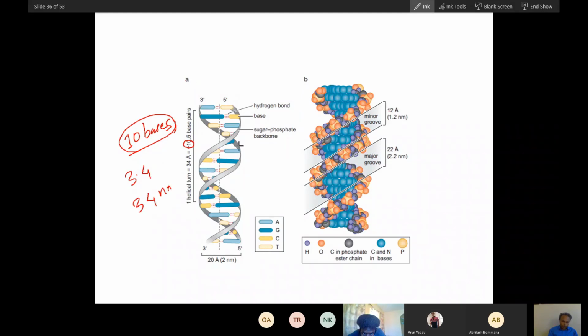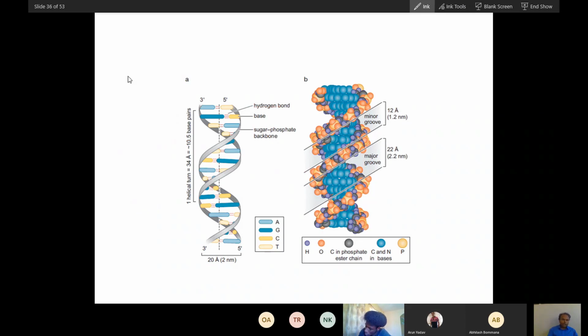So length of this one pitch is 34 nanometer. Length between these two bases is 3.4 nanometer. Understand this. So these are the length and width of this DNA.